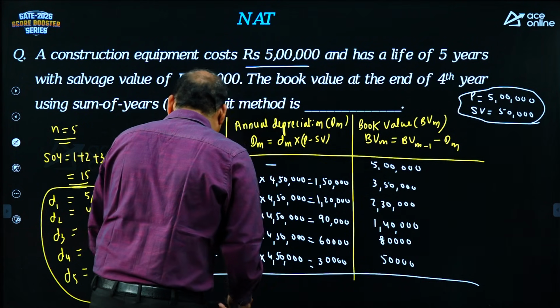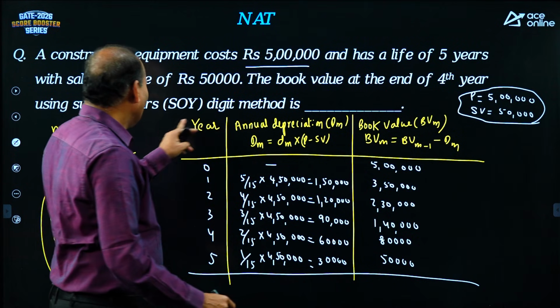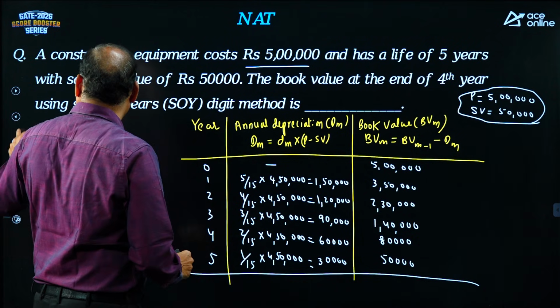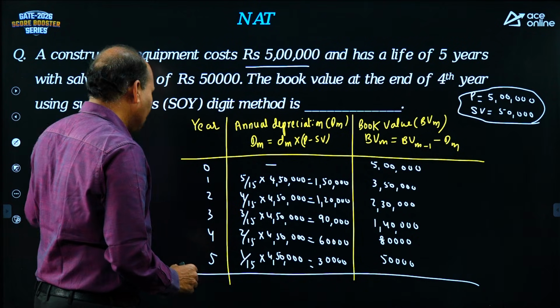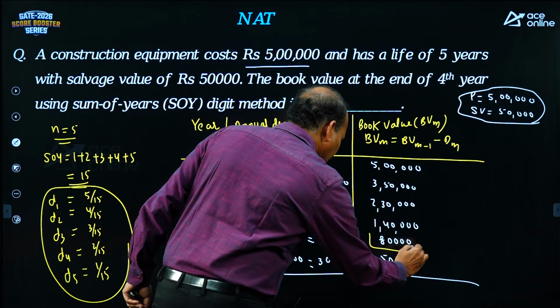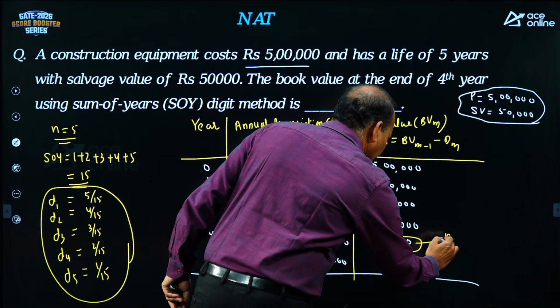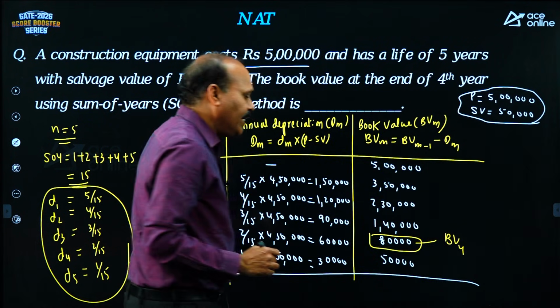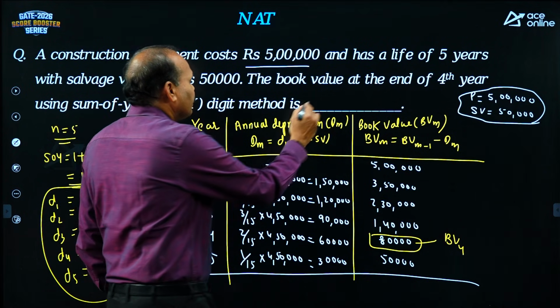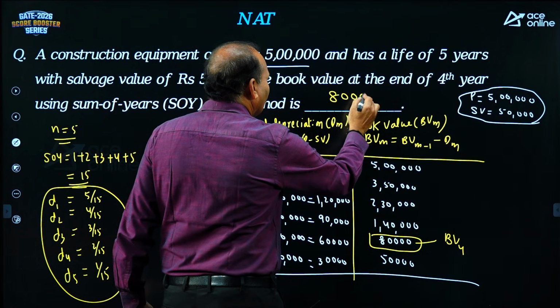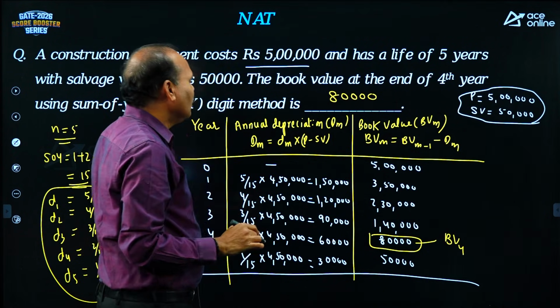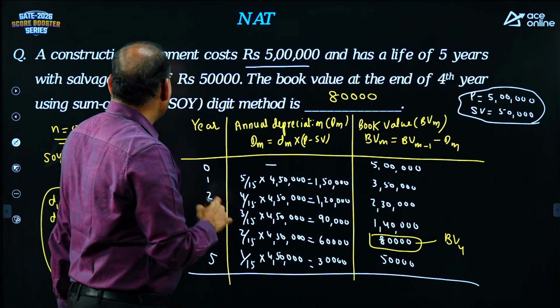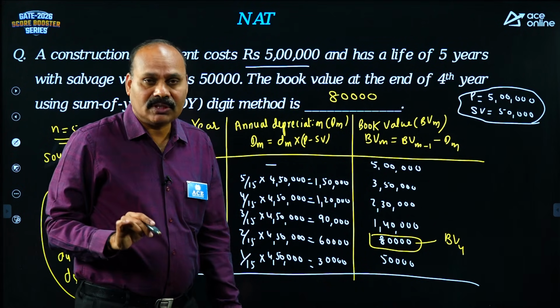The question is the book value at the end of 4th year. What is the book value at the end of 4th year? This is the answer. This is BV4, 80,000. Book value at the end of 4th year using sum of years digit method is 80,000.